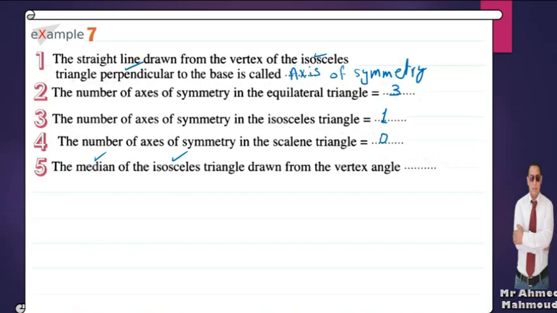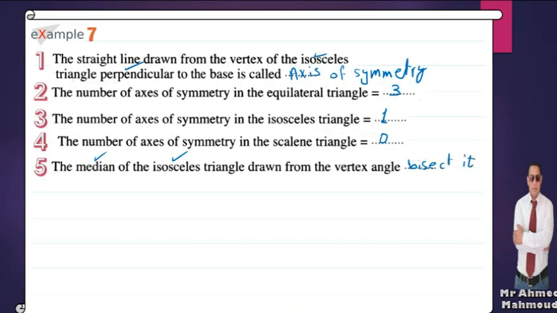The median, this is the first required, of an isosceles triangle, this is the second required, drawn from the vertex angle. Here we have three conclusions, three corollaries: that the median bisects the base, the second one bisects the vertex angle, the third one is perpendicular to the base. He gave me that it is the median. Then I will write the two other corollaries that are bisect it.